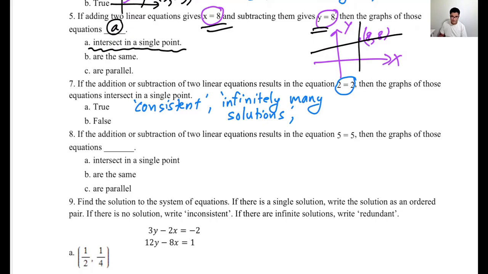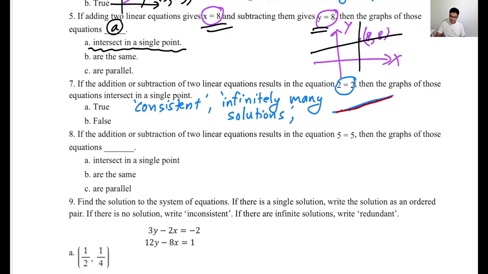And now, what would that mean in terms of graphs? The graphs, if they are having infinitely many solutions, they should be on top of each other, right? If this is one of the lines, remember the points on the lines are possible solutions. Okay. And if there is a second line and still you get all the same solutions, that means they should be overlapping on each other, right?